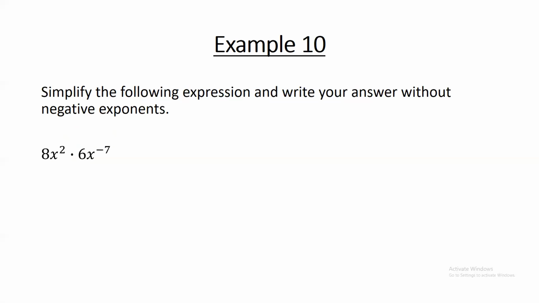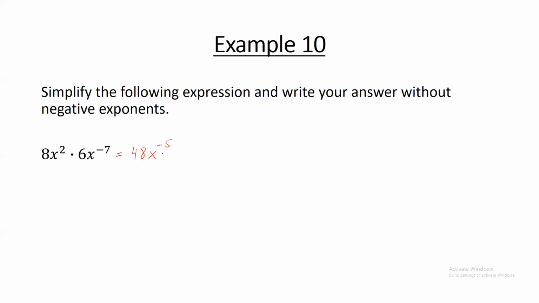Example 10. So let's simplify this expression. We're multiplying exponential expressions. So remember, we're going to multiply the corresponding parts. 8 times 6 is 48. That's the numbers. When we multiply x squared by x to the negative 7, we keep the base and we add the exponents. 2 and negative 7 is negative 5.